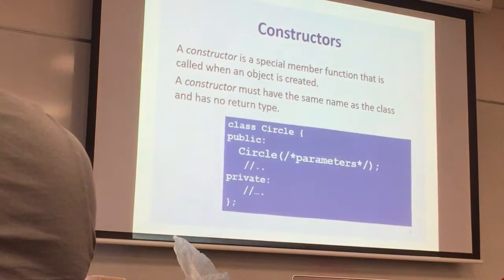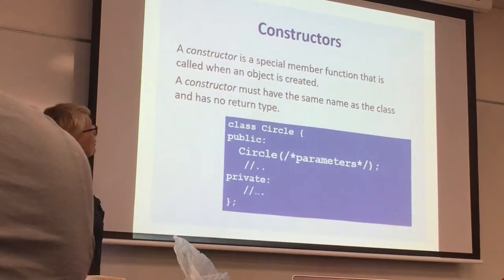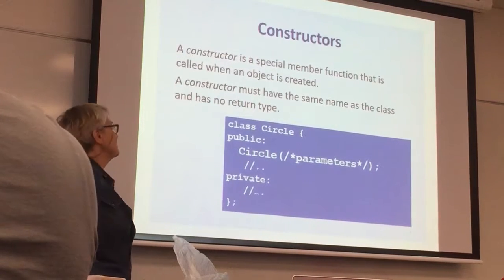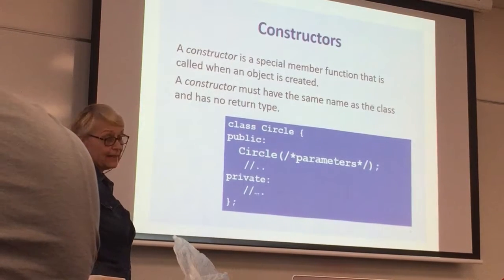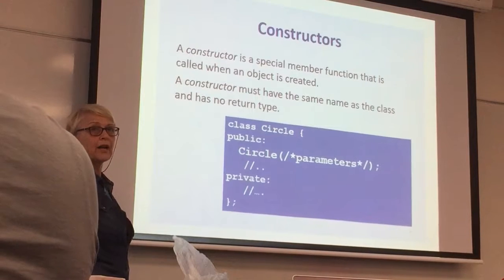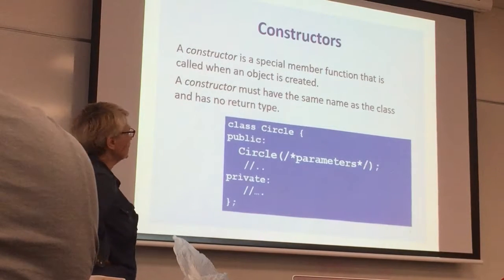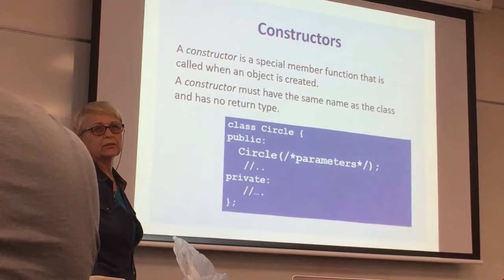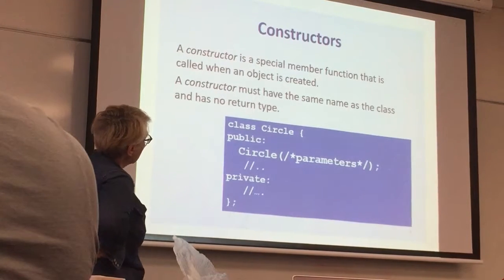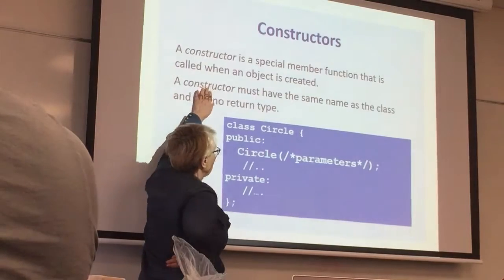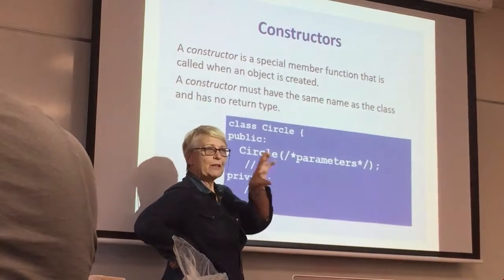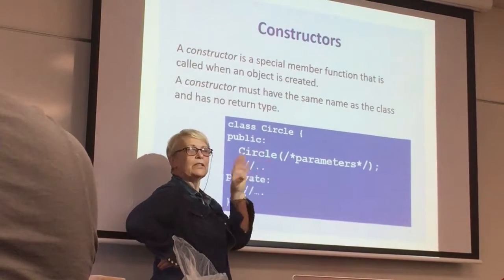It's not possible. So C++ introduced a mechanism of constructors, which are the same, semantically speaking, in Java and PHP and Ruby and other programming languages. And I think C# has constructors as well. Now, the constructor performs initialization, but it has a specific syntax.